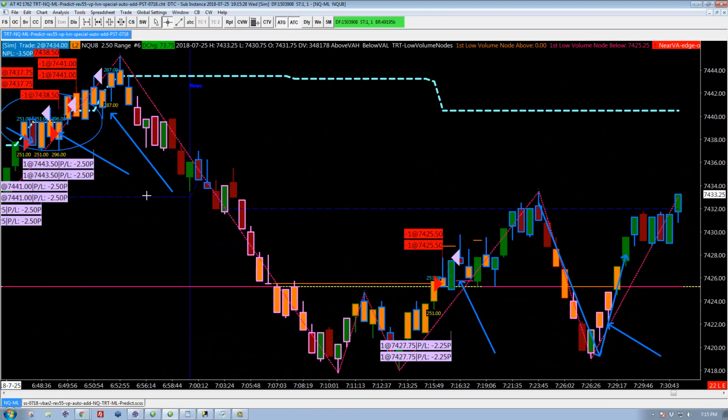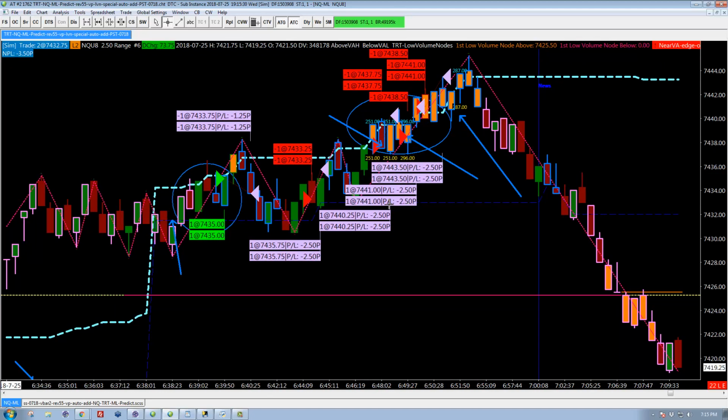If we subtract the ones that we shouldn't have taken. This is a problem, though, because I think there's 1, 2, are there 3 trades there? So 3 trades there in a row like that. That's going to take you out of the market for the day. So we need to take a look at that and see if there's something we can do.